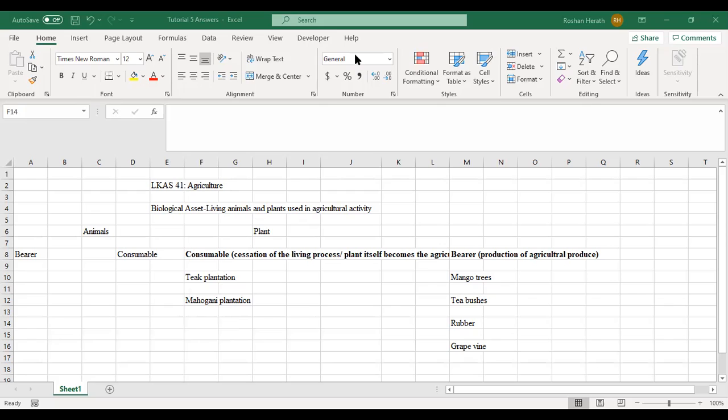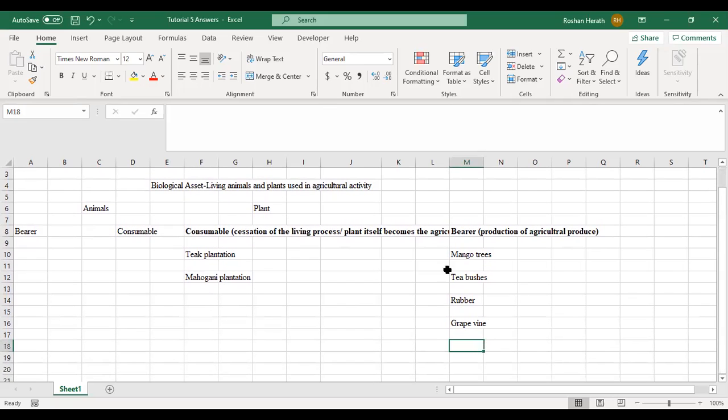And also you come up with the coconut. In fact, coconut also, I think, is not most of the time for the purpose of consumption, but instead it's more about the bearer. If you take coconut, it comes under this category.